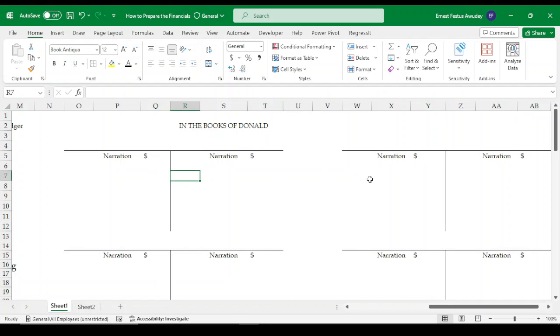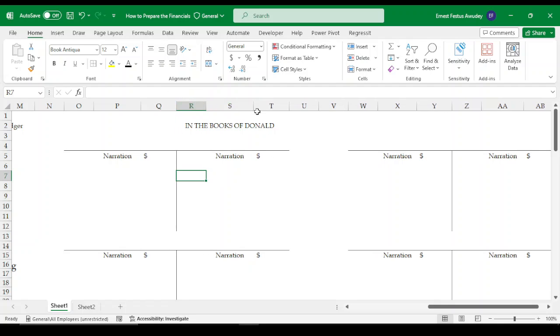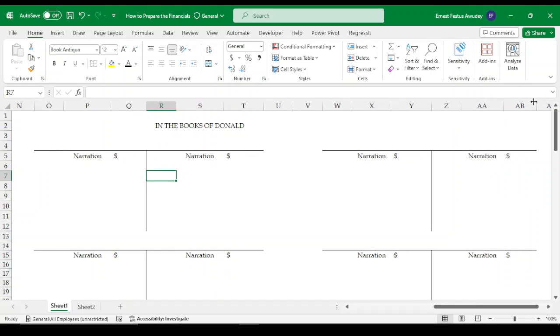So that is what I want. Then I can expand the columns a little, and also expand my transactions column.